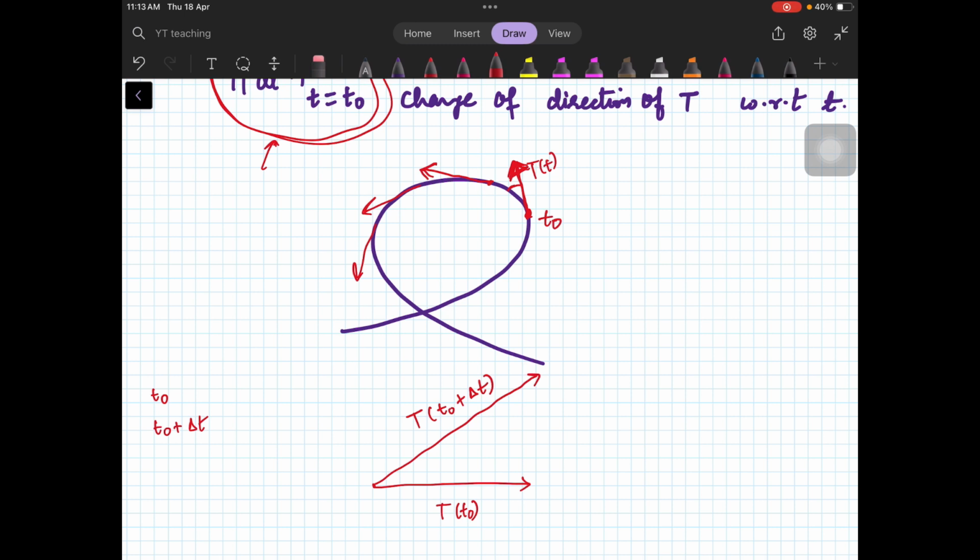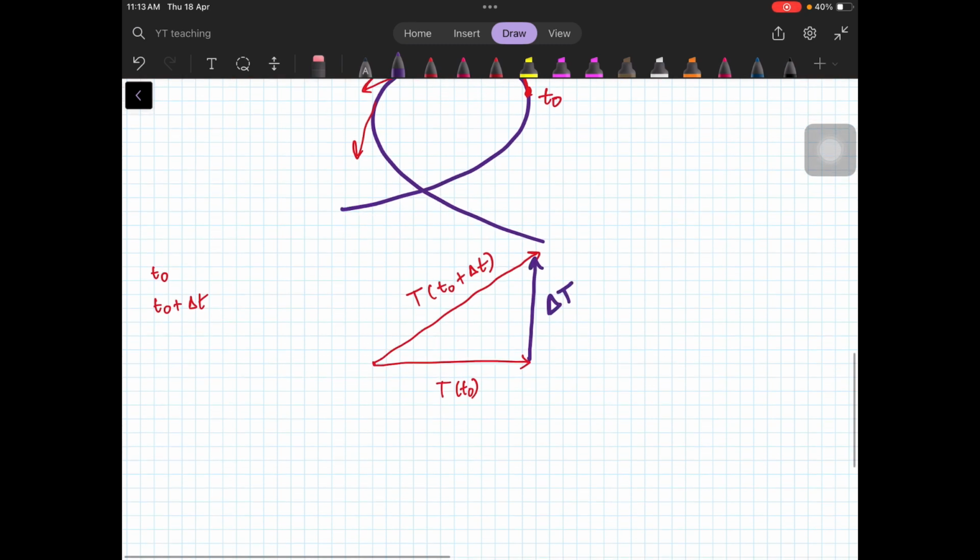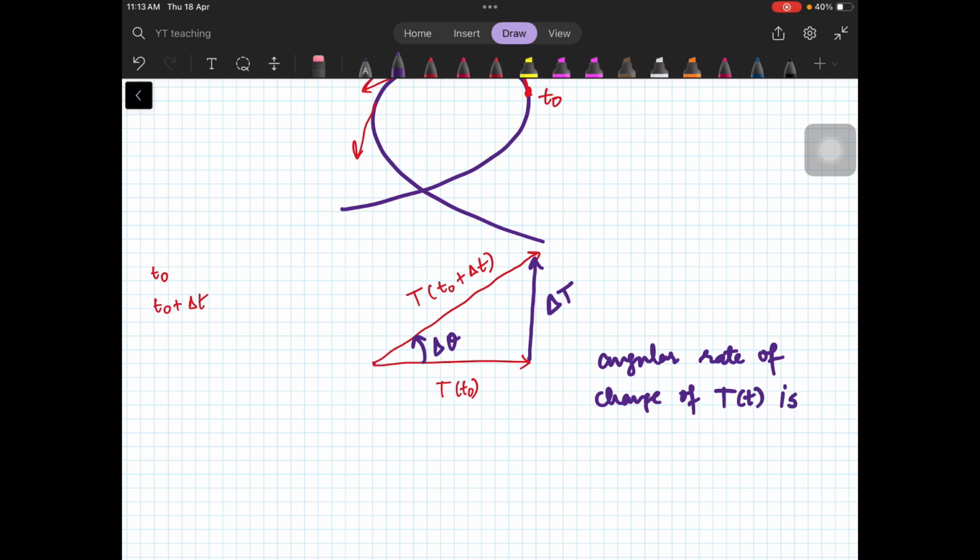Then this is going to be delta T vector, and this is your delta theta. Then the angular rate of change of T is delta theta by delta t, limit delta t going to 0 from the positive side, because we are taking delta t to be increasing.